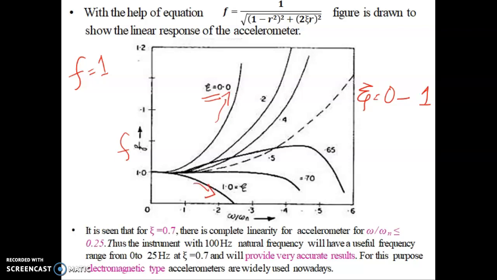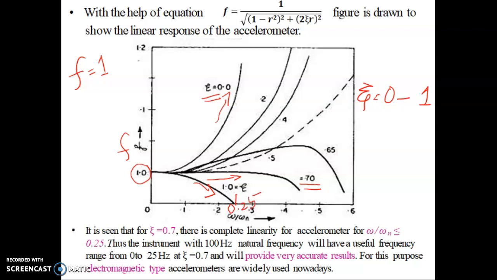And in this graph, we can see that for a theta value of 0.7, the curve is a straight line. It's a straight line along f is equal to 1, up to an r value of around 0.25.